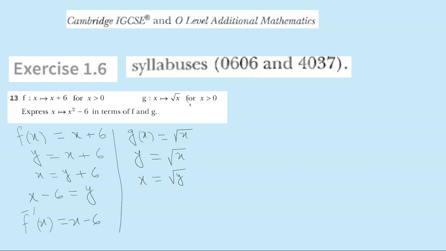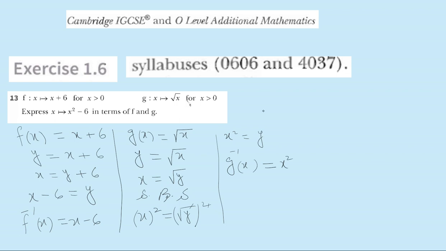How to eliminate? Just square both sides. So this is x square, this is y root square, so x square is equal to y, as the square cancels the root. Replace this y by g inverse x. This is x square.